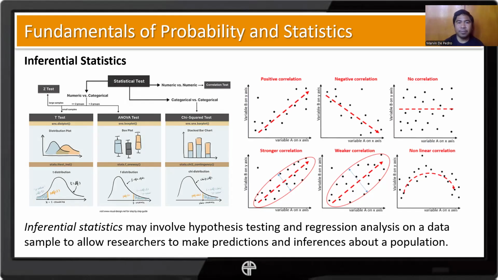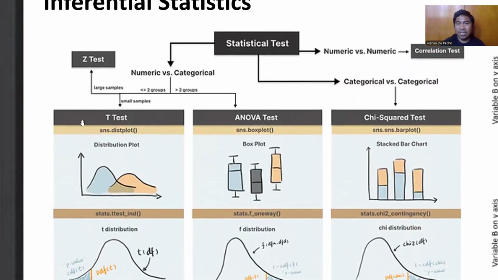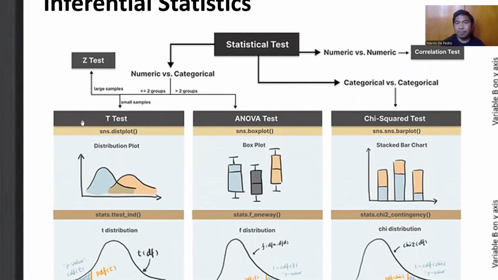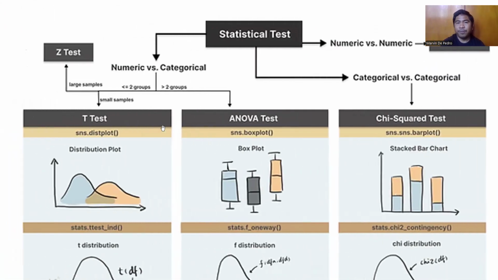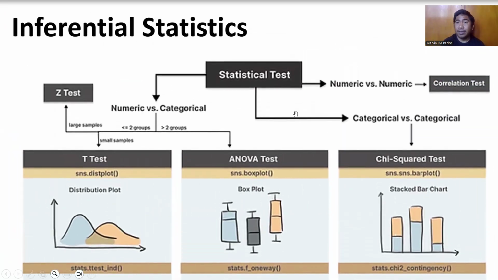Okay, so this is only possible once we are done with the descriptive statistics. This is where we get meaningful information, but this is not possible without descriptive statistics. Okay, so when we do a statistical test, one of the very first things that we should consider is our data.